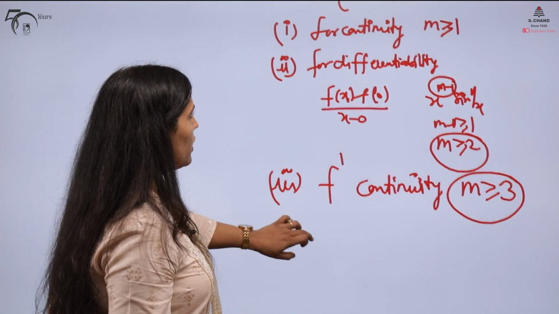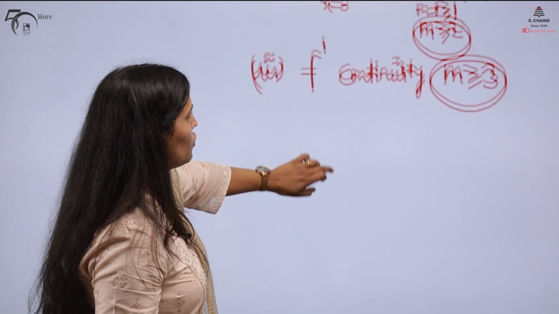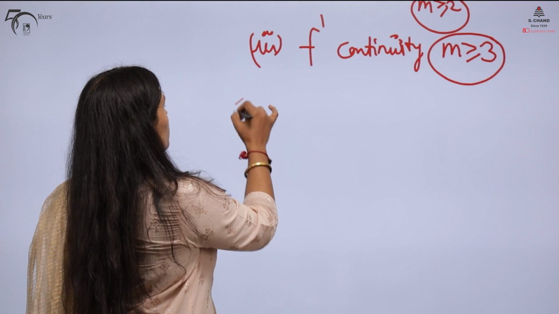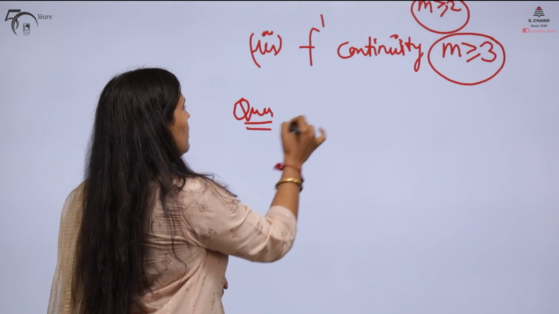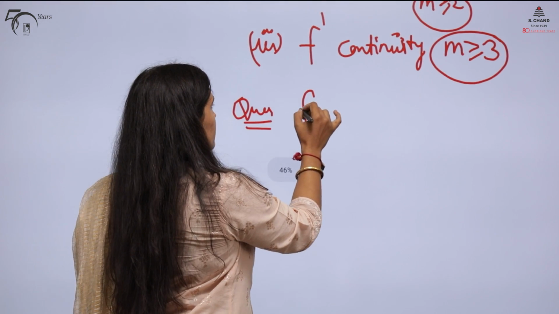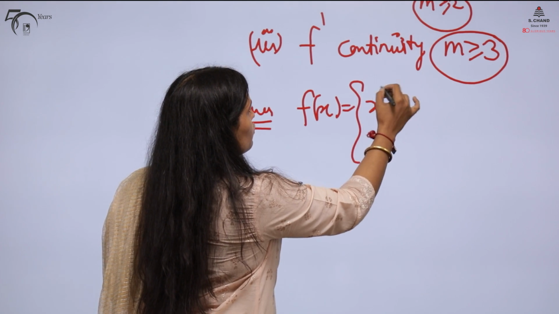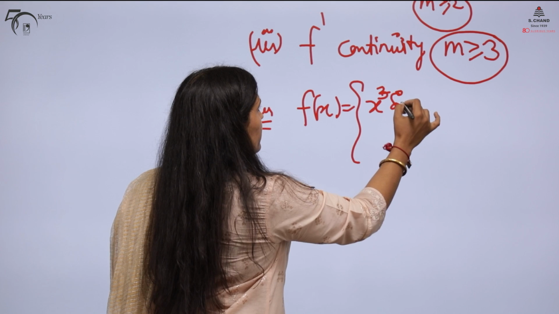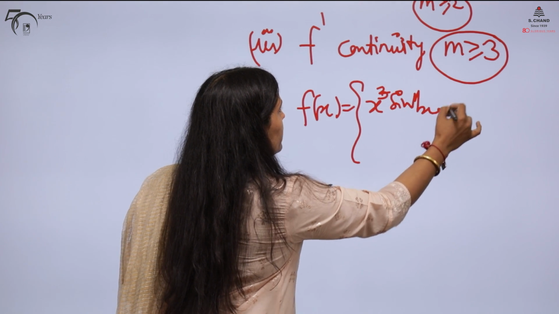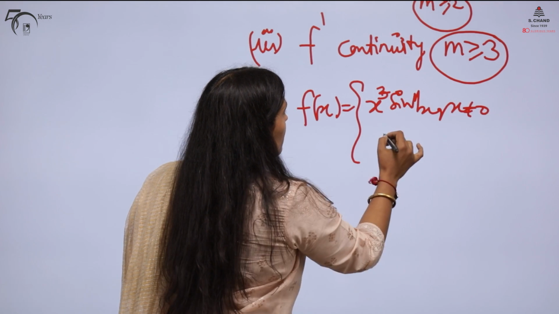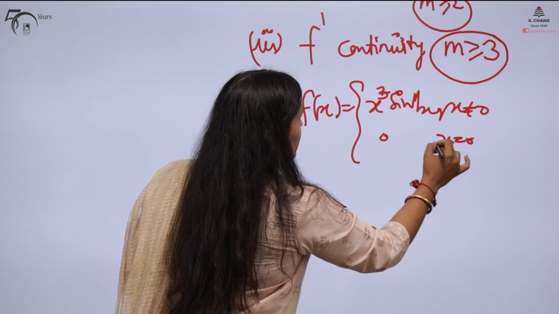Now from the exam point of view, I am just taking one question, and you will easily be able to answer. Suppose the function is x cube times sin(1/x), and in the exam you are given multiple choices.